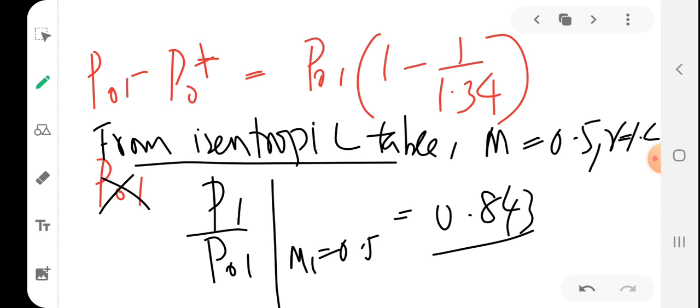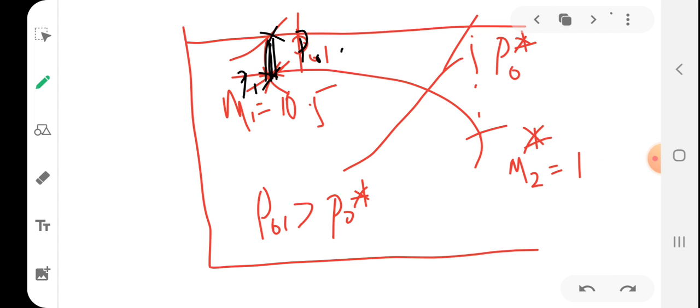Students should note that this value is taken from the isentropic table, because the stagnation is taking place isentropically.